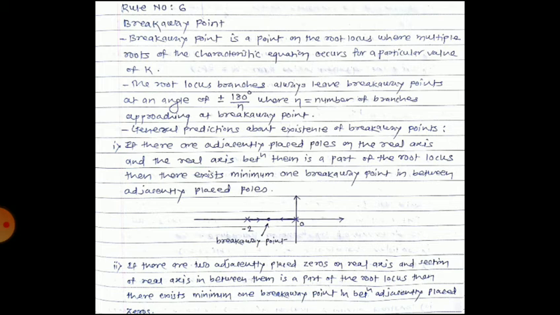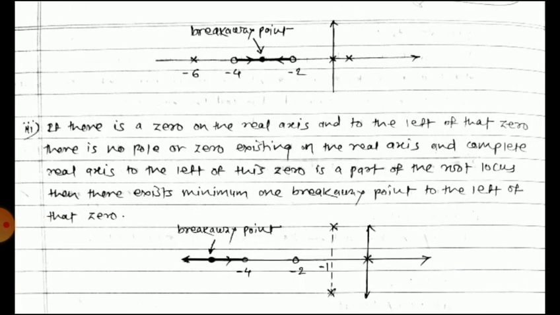Another prediction is if there are two adjacently placed zeros on a real axis. You can see in the diagram two adjacent zeros on a real axis, and that section of the real axis is a part of the root locus. Then there should exist one breakaway point.